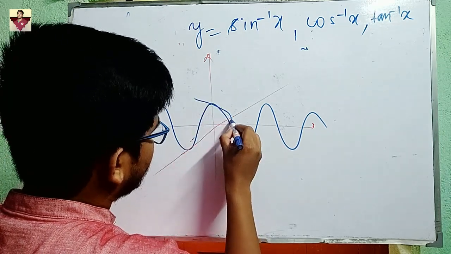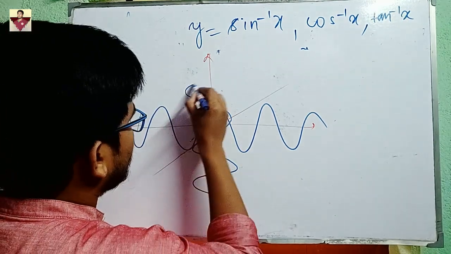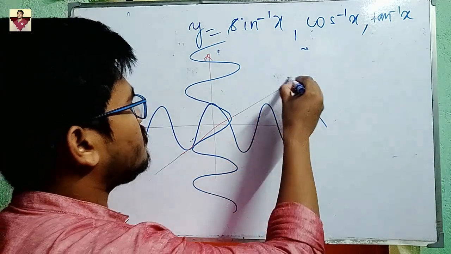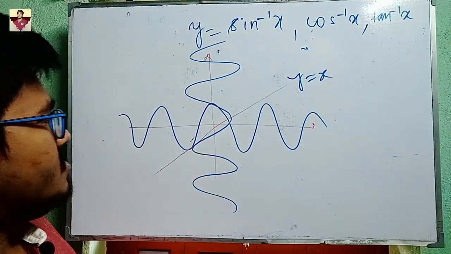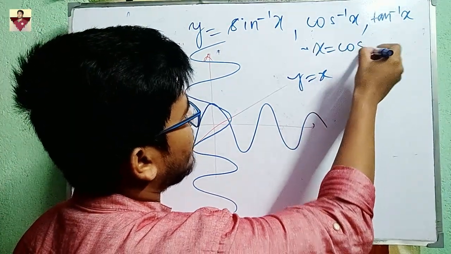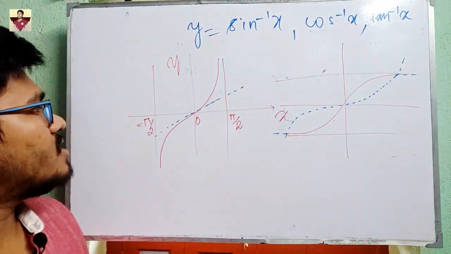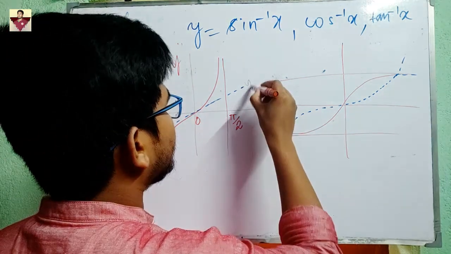So you can say it is the mirror image about y equal to x of the graph of cos x, or easily you can write x equal to cos of y, so this cos value part will be on the y axis. And similarly it will be the mirror image about the y equal to x axis.